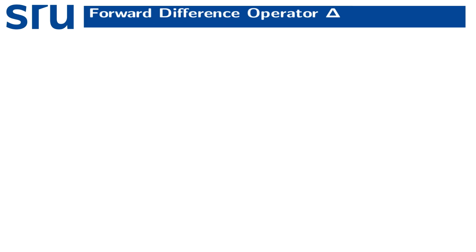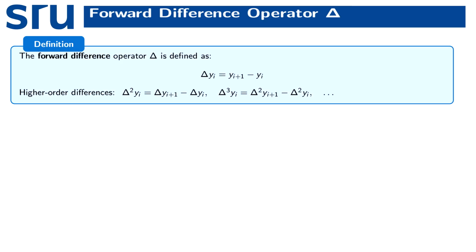So now we are going to understand the concept of the forward difference operator, which is denoted by the symbol delta. The forward difference operator delta is defined as delta yi equals yi plus 1 minus yi.